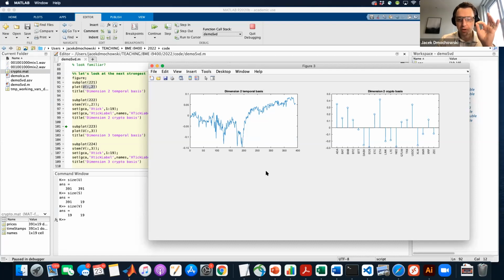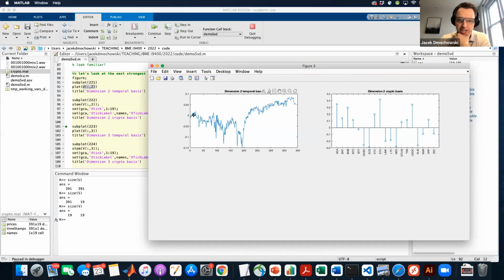However, be careful because when you do SVD, there's a sign ambiguity. The fact that this starts negative and then goes positive, you could flip the sign of this and flip the sign of all these, and the product will be the same. So you can't necessarily interpret the polarity of these temporal basis functions or crypto basis functions, but you can definitely interpret their dynamics independent of the polarity.